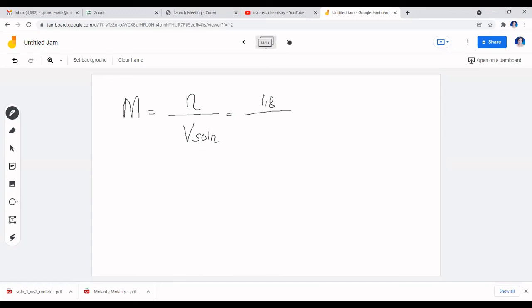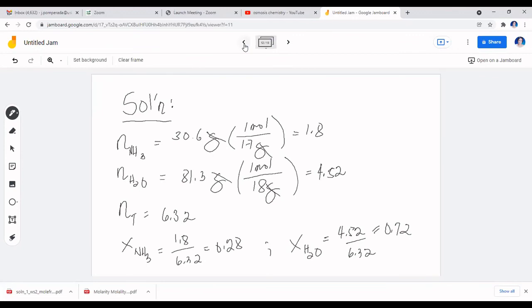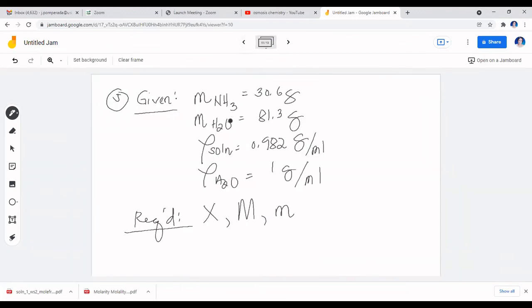So the first thing that we're going to do, class, is determine the total mass of the solution. The total mass of the solution is the mass of this ammonia and water, right? If you take the sum of that, that would be the mass of the solution.